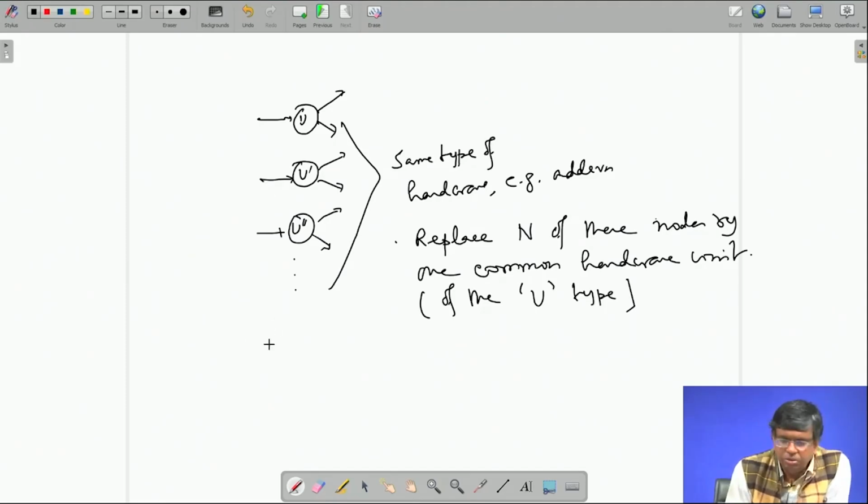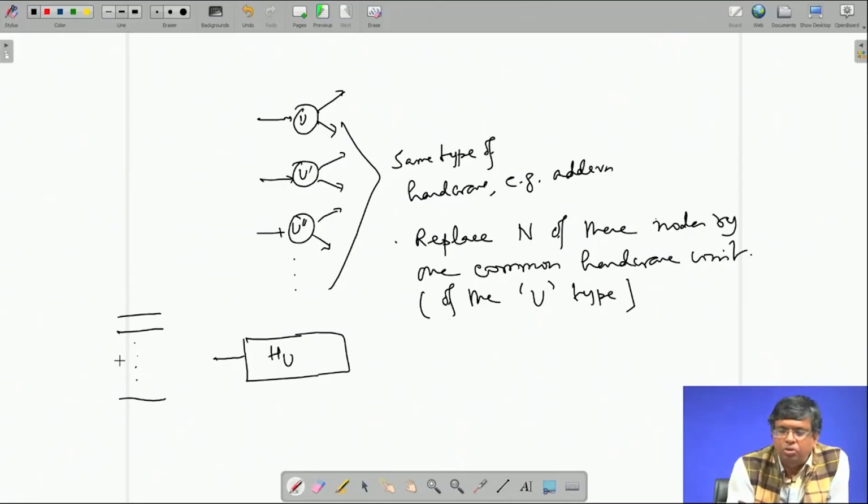So, basically I will have one hardware unit H of the U type, and what will it do? There are data lines. You can call it data coming here, with a name small u n, this is u prime n, this is u double prime n, like that.